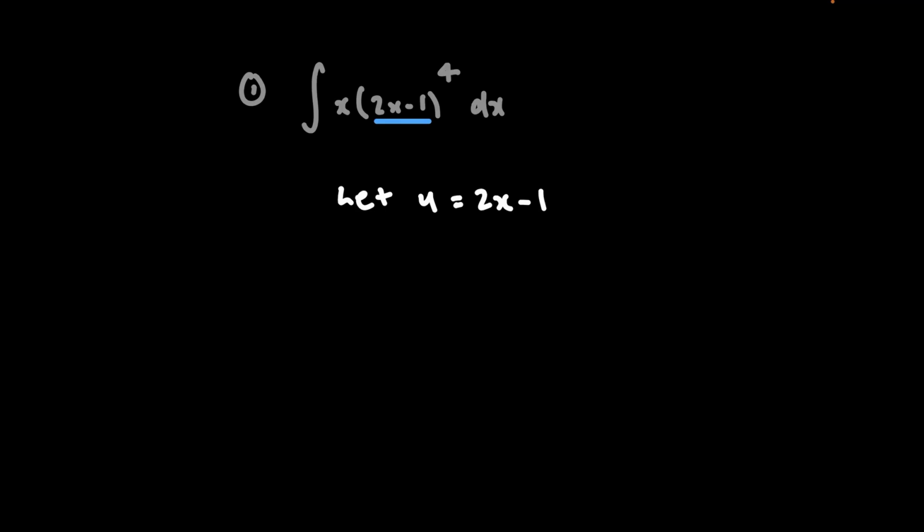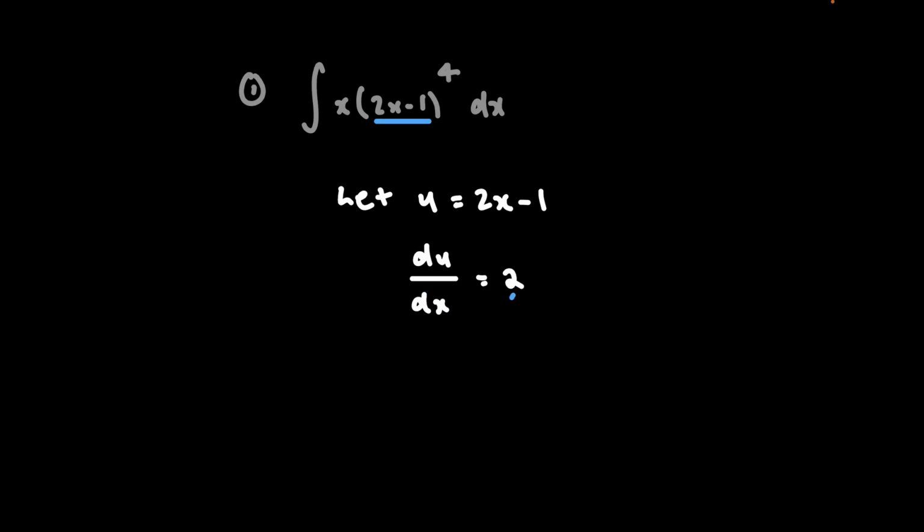And so all I'm going to do is differentiate u with respect to x. So du over dx on the left hand side is simply equal to 2 on the right hand side. And now if I were to rearrange this equation, I want to replace the dx with du. So I want an equation that says what dx is in terms of du.